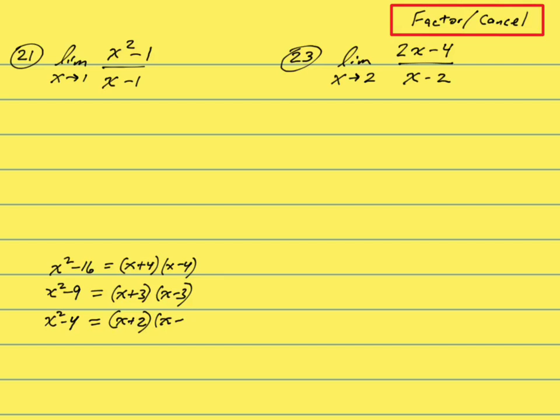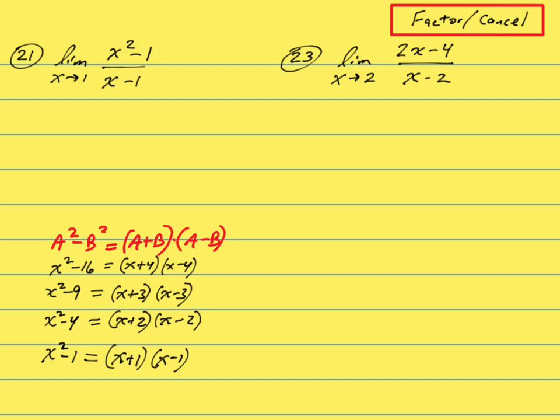And one of the ones we're talking about has an x squared minus 1. That would factor to x plus 1 times x minus 1. In general, if you have a squared minus b squared, that's going to factor into a plus b times a minus b, because it's called the difference of squares.